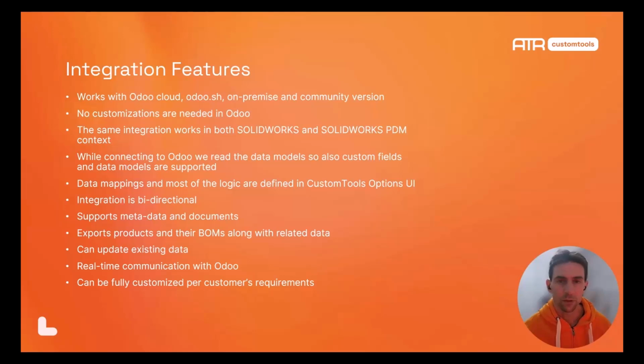The integration is also bi-directional. So traditionally we export products and engineering bill of material along with manufacturing documents and related information, but you can also update some information from Odoo to SolidWorks.